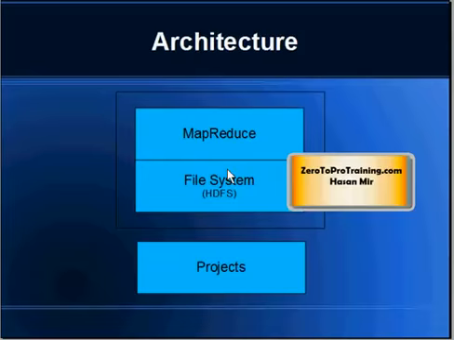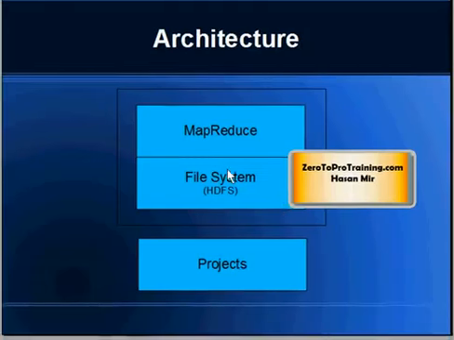So how is Hadoop able to break the data into pieces and the computation into pieces? At a very high level, it has a simple architecture. You can say Hadoop has two main components, MapReduce and the file system. The file system is called HDFS, Hadoop file system. As already mentioned, Hadoop is a set of tools, and let's call those tools projects.